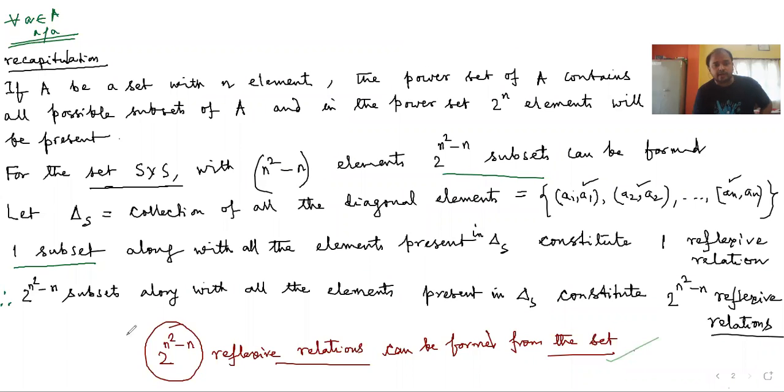In the examination, you will be given a set capital S with say 100 elements, and you may be asked how many reflexive relations can be formed on this set. If you do not know this formula, you will not be able to answer the question. So according to this, the answer will be 2 to the power 100 square minus 100. That many reflexive relations can be formed.